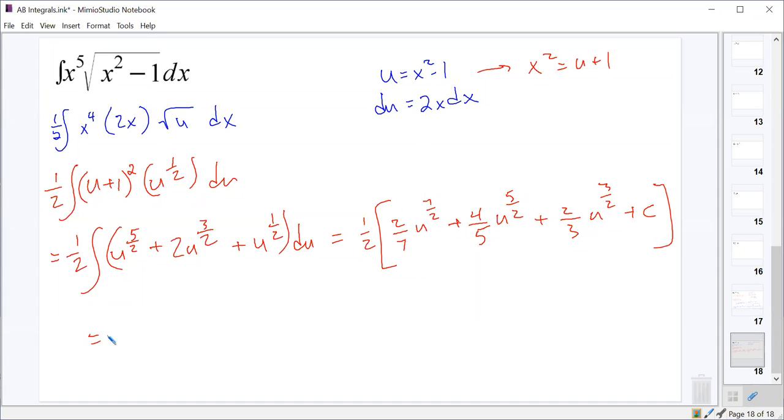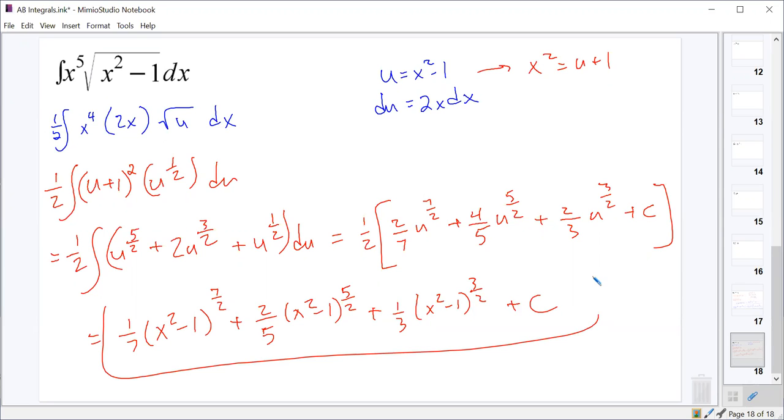And now we'll distribute the 1/2 and we'll replace the u's with x squared minus 1. So 1/7 x squared minus 1 to the 7/2 plus 2/5 x squared minus 1 to the 5/2 plus 1/3 x squared minus 1 to the 3/2 plus that constant.